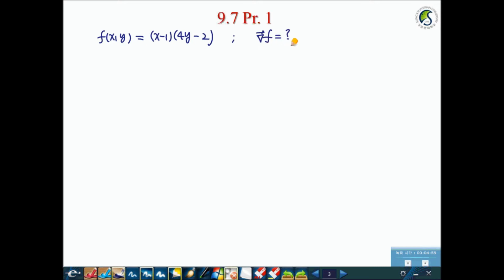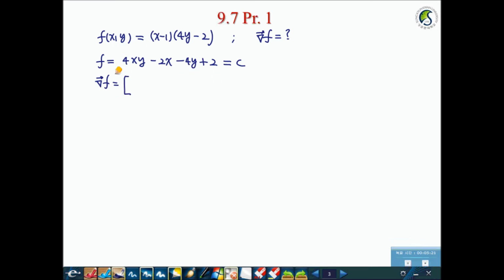And f is 4xy minus 2x minus 4y plus 2, which is c, right? That's the function.